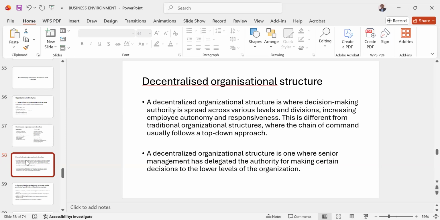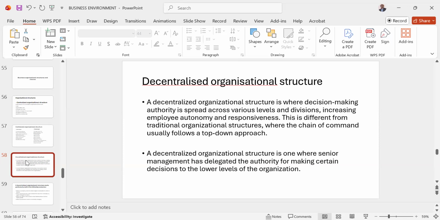Everybody is skilled. And the more important thing, delegation. So that means they can delegate authority and say carry out this activity, carry out this activity.